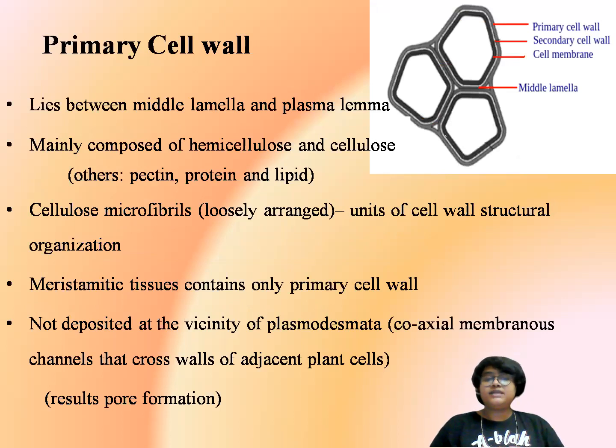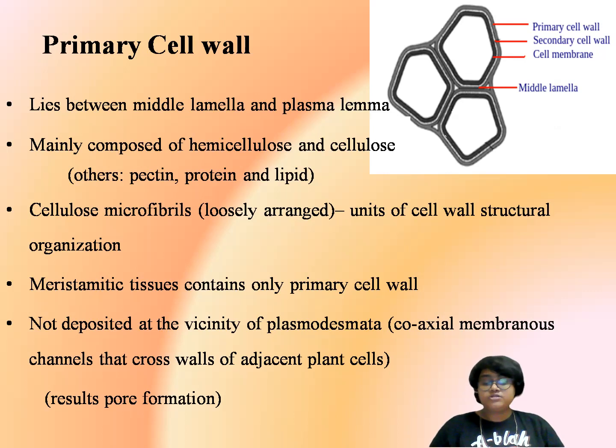This primary cell wall lies between the middle lamella and the plasma lemma, and it is mainly composed of hemicellulose and cellulose. I think hemicellulose is around 53%, and cellulose is around 30%. Apart from hemicellulose and cellulose, there are other components also, like pectin, protein, and lipid.